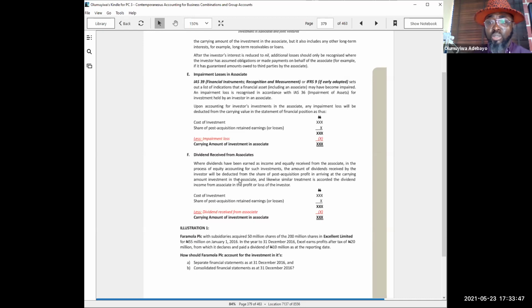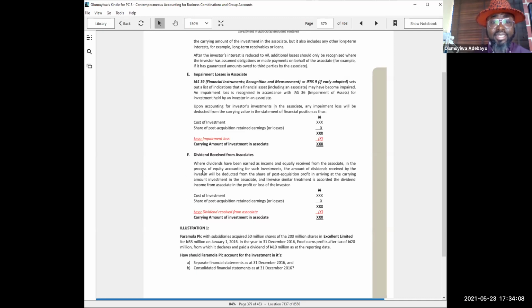Therefore, what do you have to do? Since dividend has been recognized in your separate financial statement before, such will have to be reversed at the point of equity accounting in order to allow you to recognize the share of profit in associate, as we have done yesterday in part 1 and as we have done also now in part 2.